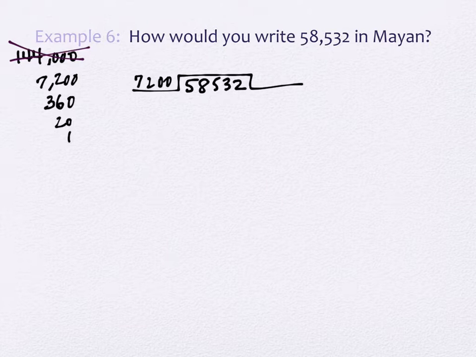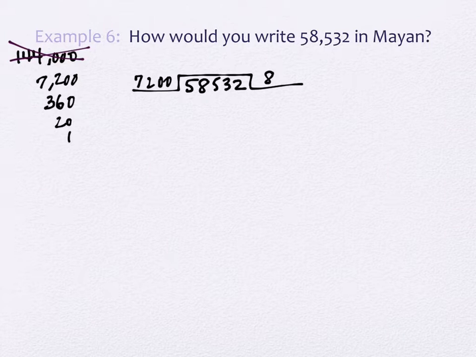All right, whole numbers is what we're looking for. Take 58,532 and divide by 7,200, and I want to know how many whole number times it goes in. And the number, sorry, what was it, Catherine? 8. 8.